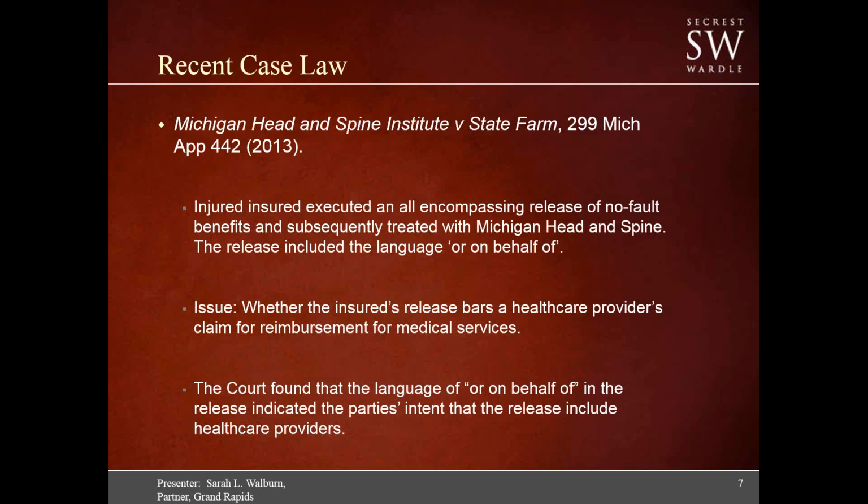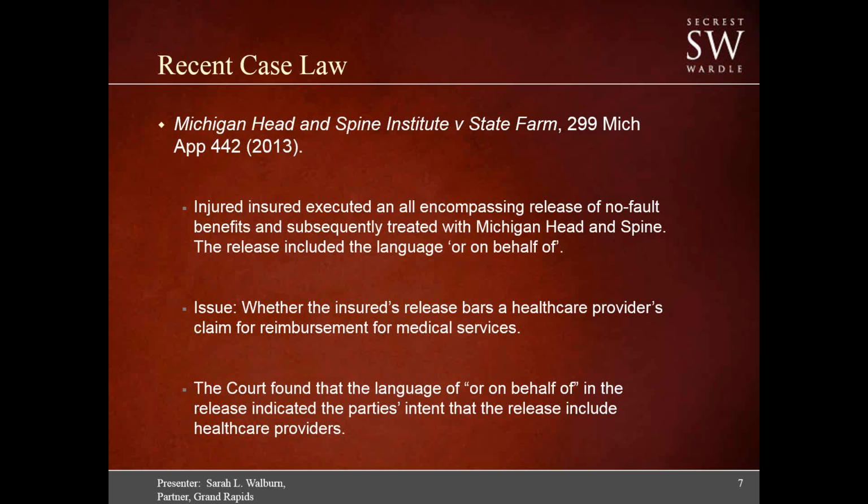The court examined the release and ruled that it was not ambiguous. It noted that the release carved out an exception to bar future benefits at a specific facility, not specifically at the plaintiff's facility, Michigan Head and Spine Institute. The court set forth the provisions of the release, and similar language can be utilized in releases that are obtained pre-suit.